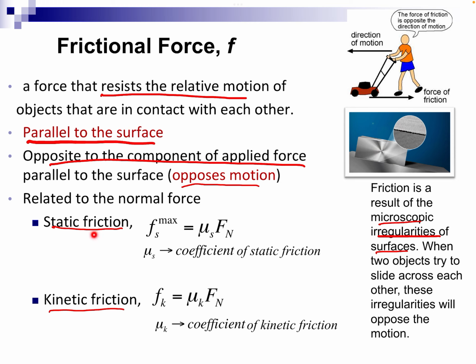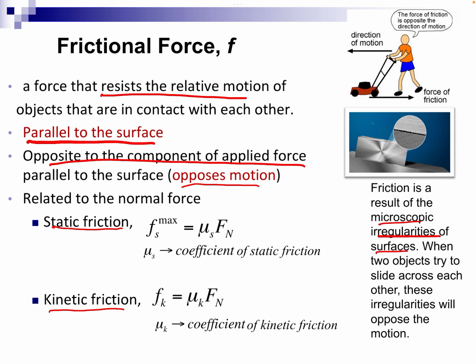And sometimes when you're pushing an object, if you don't exert enough force, then the object will not move even though you're pushing it. The kind of friction in that case is called static friction. So static friction is when the object is not moving. Once the object has started to move, static friction becomes kinetic friction.